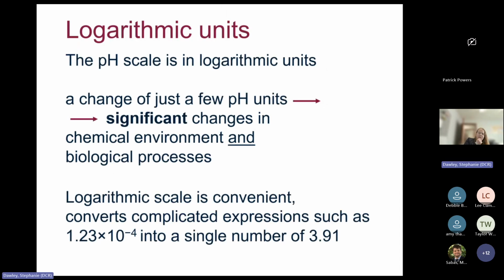So that doesn't mean that going from a 6 to a 7 is a tiny little change. It's a significant change in the chemical environment and biological processes. So basically, when you're looking at a logarithmic scale, it's doing a complex expression, taking 1.2 times 10 to the negative 4th and turning that into a single number. So logarithmic scales are big jumps up from one number to the next.